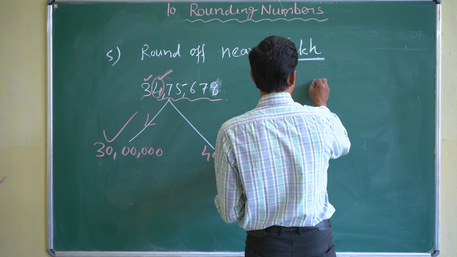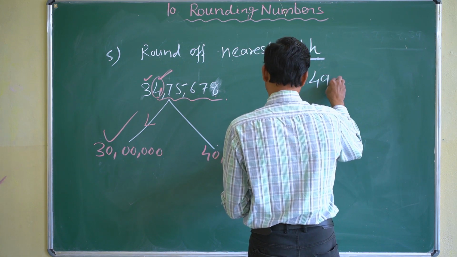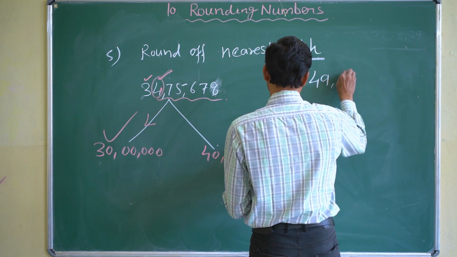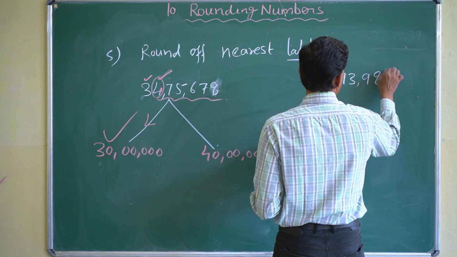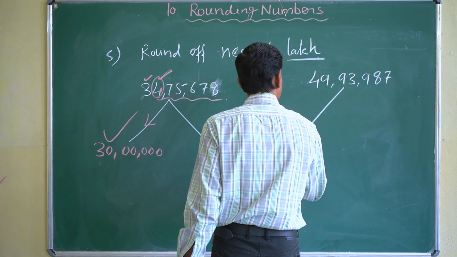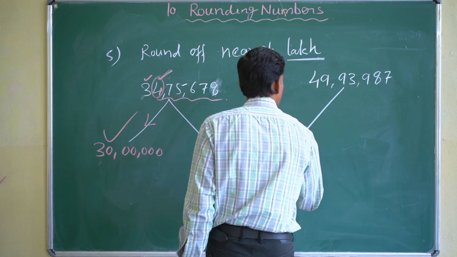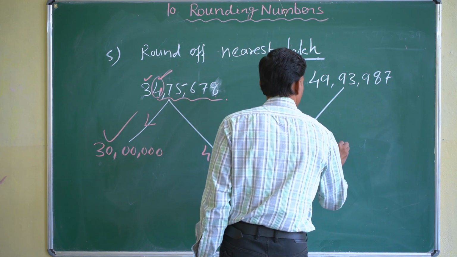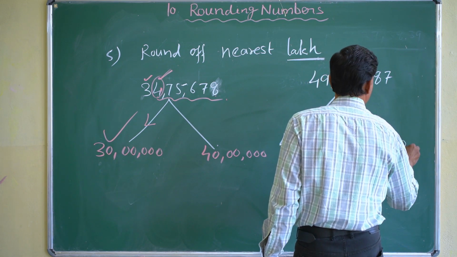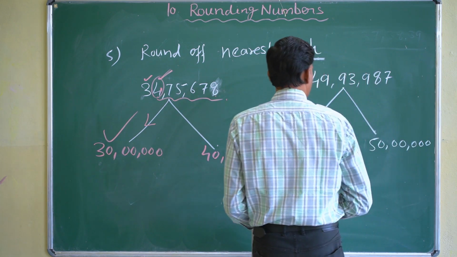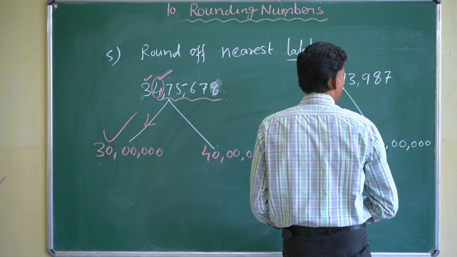Now the other one. Suppose the number is 49,93,987. It will be nearest to 40 lakh or nearest to 50 lakh. Definitely you will answer that it is nearest to 50 lakh.